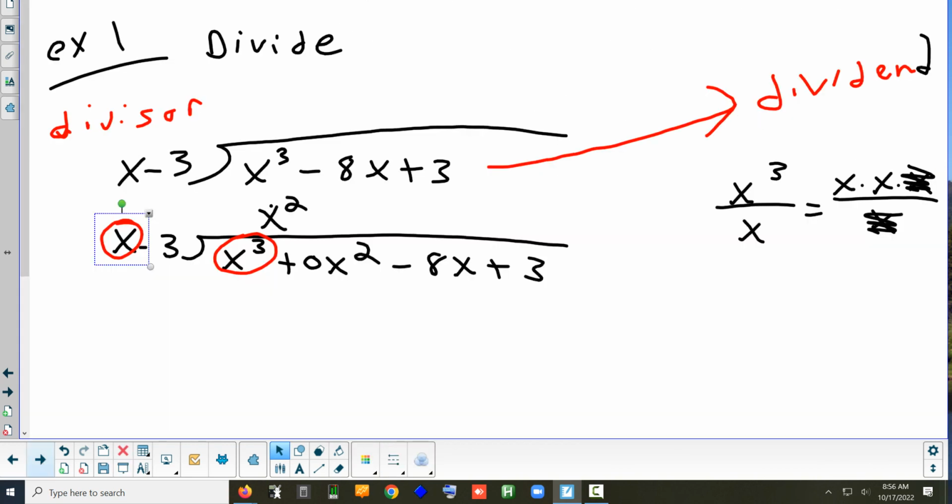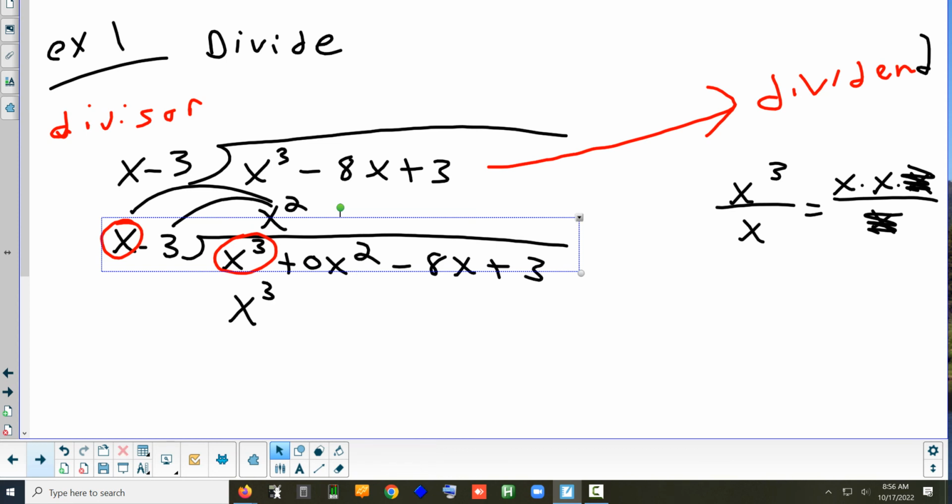There's our answer from step 2. You're going to multiply that back out to each term in the divisor and just put the answers in the correct columns. So let's start with x squared times x. That's x cubed. You should always get back the same thing you had right here. Always.